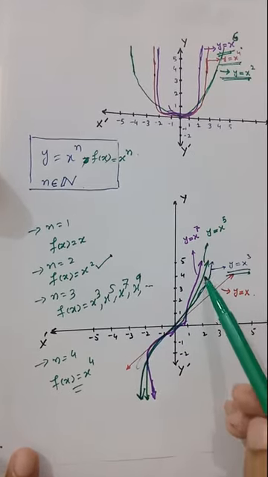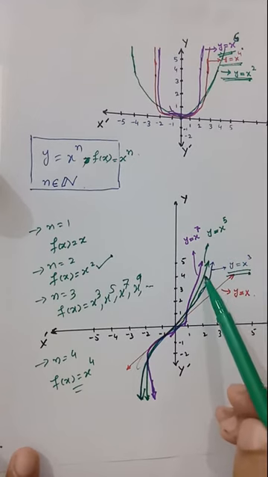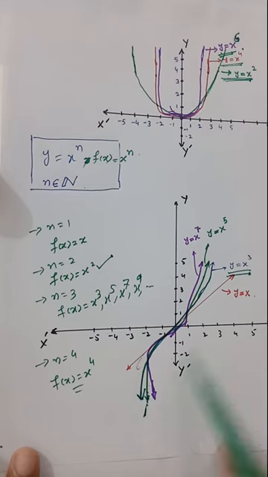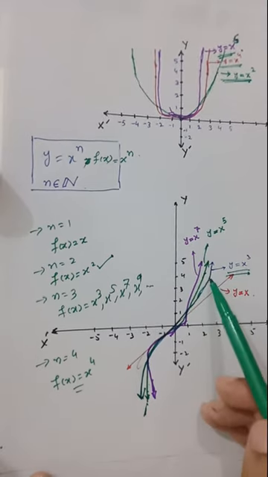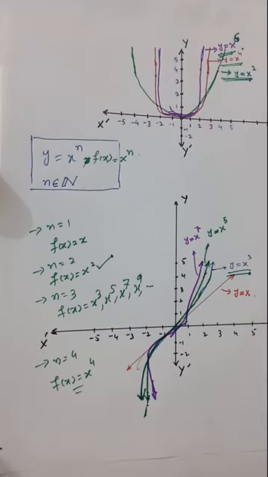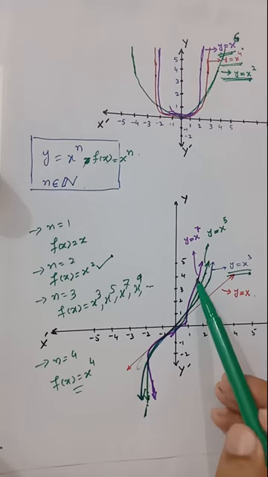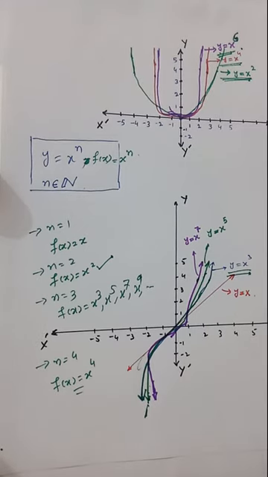And you see that when n is increasing, the branches move more towards the y-axis. This is the graph of y = x^5. From this graph, the branches tend a little more towards the y-axis, closer to the y-axis. And this is the graph of y = x^7, so the branches are a little more towards the y-axis.